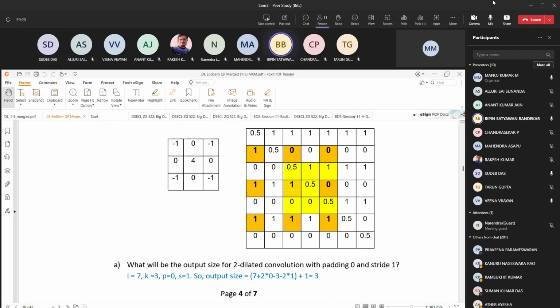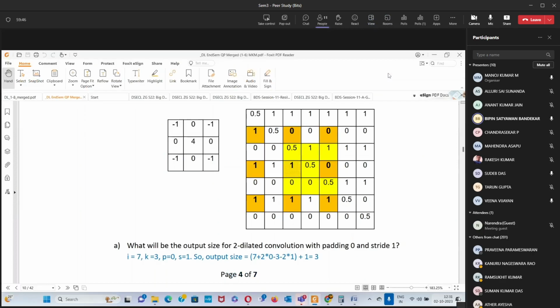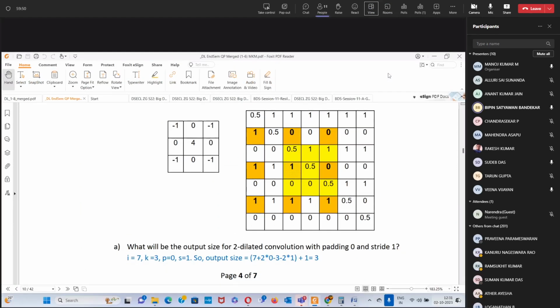The yellow boxes have increased to 5 by 5 instead of 3 by 3 with the dilated filter. That is, the alternate rows and columns of the filter are zeros, and you can apply that filter directly. You can visualize it that way. Your filter is getting dilated.